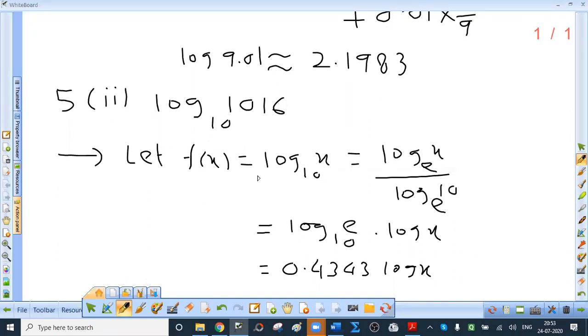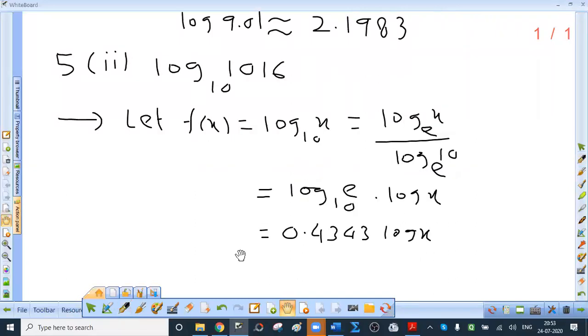But the problem is we cannot find derivative of log x to the base 10 as it is, and for that we change the base to e, use change of base formula. So log x to the base e upon log 10 to the base e. Now 1 upon log 10 to the base e is log e to the base 10, log x as it is. Now we are in a position to find the derivative.